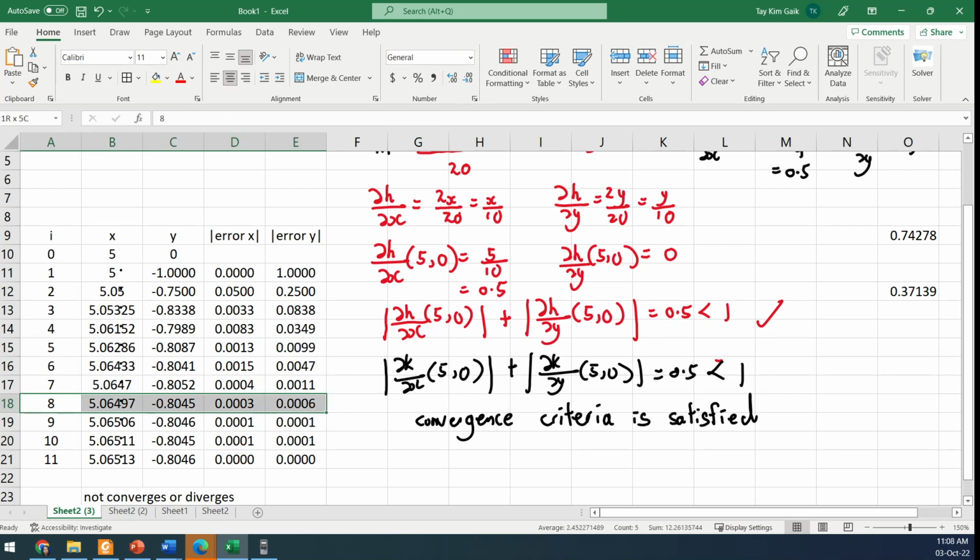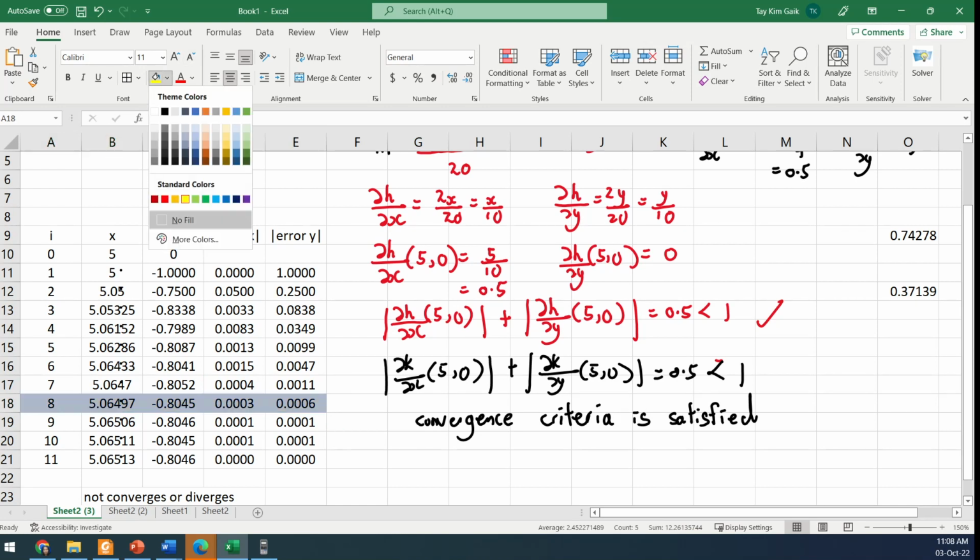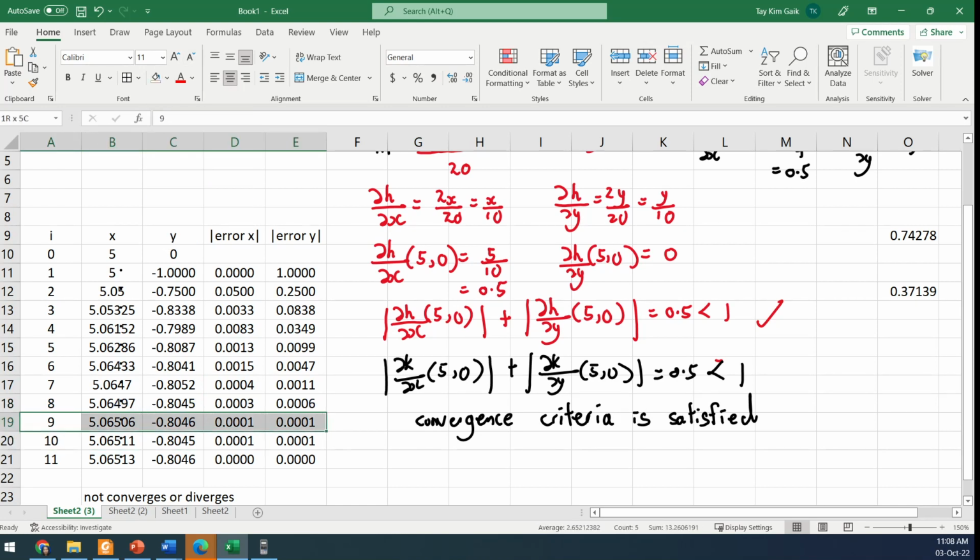When i equals 7 and 8, you cannot stop, because the error of y is still greater than epsilon. Iteration 8 is also still greater than epsilon, so 8 cannot. So 9. Yes, iteration 9. We can stop at iteration 9.